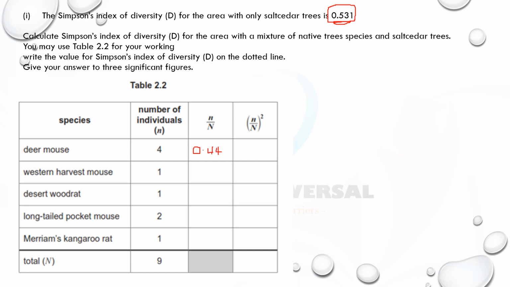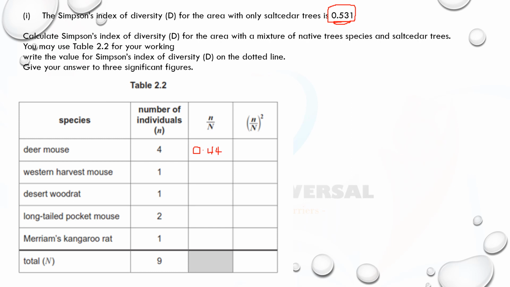Now you do the same thing here. You can also decide to say 0.44 squared. Whatever you want to do, you just square it. So 0.44 squared.